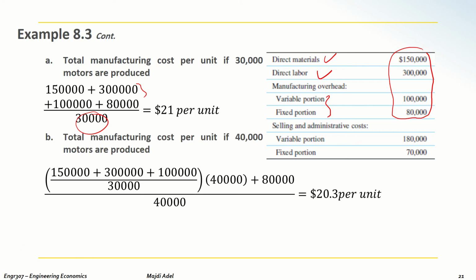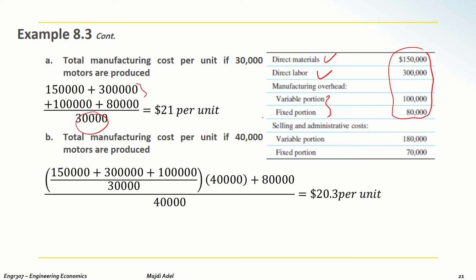Now, the manufacturing cost if I'm producing 40,000 units. For producing 30,000 units, I have an extra 10,000 units now. So now I have to consider the variable part and the fixed part.